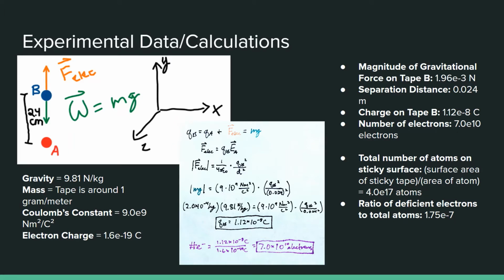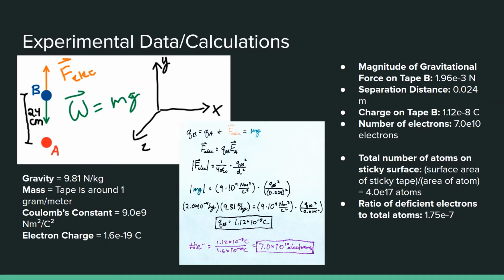And from this, we can see that tape B was repelled, and two main forces were acting upon it: the electric force from point A, and the gravitational force, which could be found by multiplying the mass times the gravity.